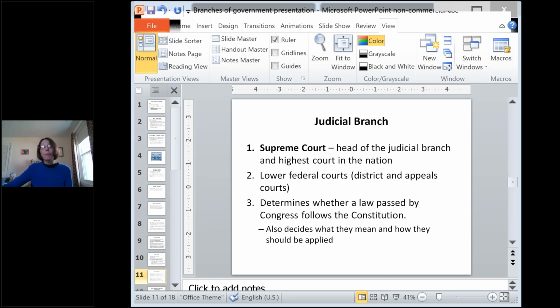The Supreme Court determines whether a law passed by Congress follows the Constitution. There's a lot of interpretation and disagreement about this, but they get the final say, basically. They also decide what the laws mean and how they should be applied. So they have quite a bit of power. There are 9 people who serve on the Supreme Court.